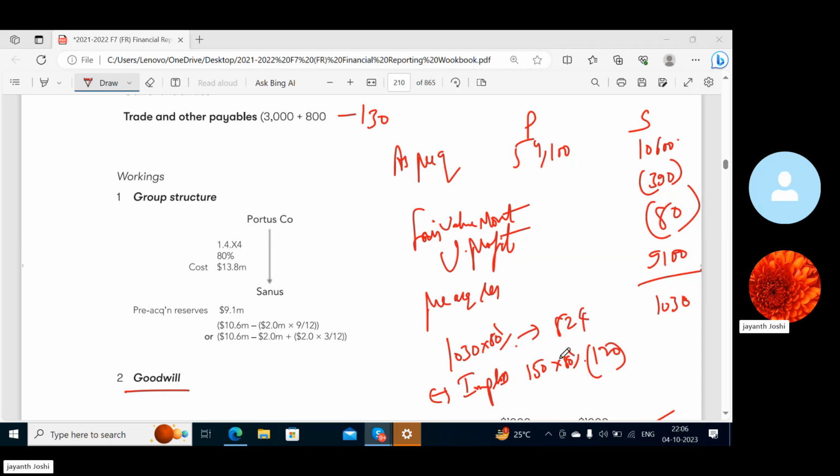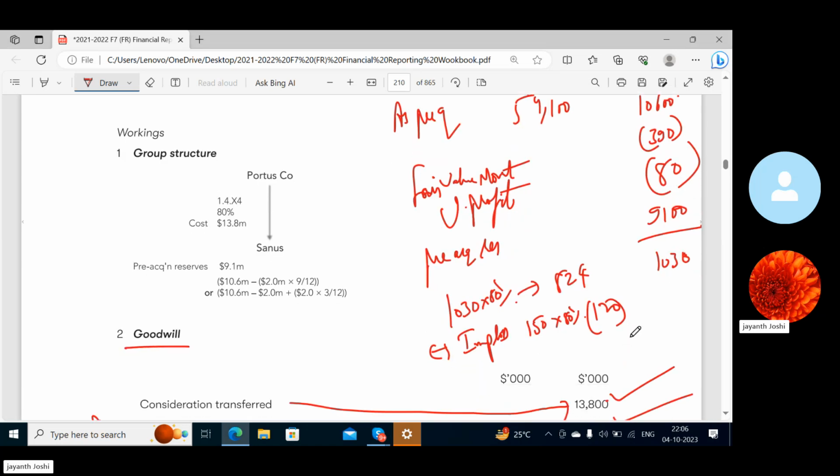So there is an impairment loss which should be adjusted, right? So 120 I am adjusting, and the impairment loss 30 goes to NCI. They also have to bear it. Now this totally makes it 54,804.